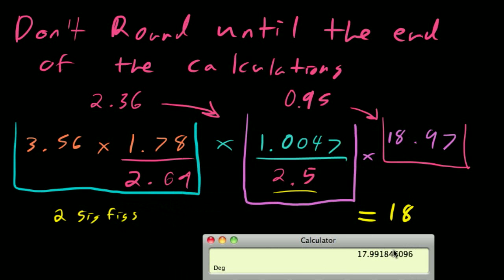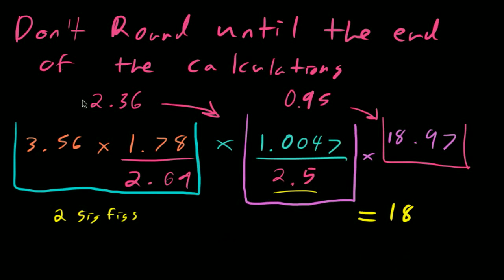I'm still getting an answer that when I rounded I would get 18, and I'm trying to give you an example right now of where if I rounded in the middle I'd actually get the wrong answer. So hopefully you can see that that's what I'm doing, and you'll forgive a little bit of a mistake in terms of the example.